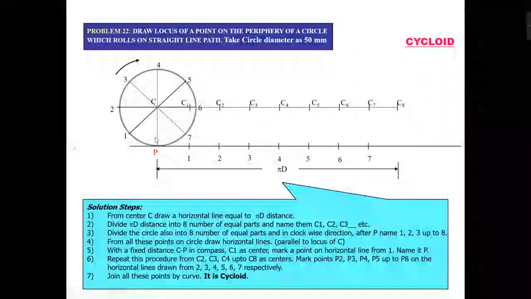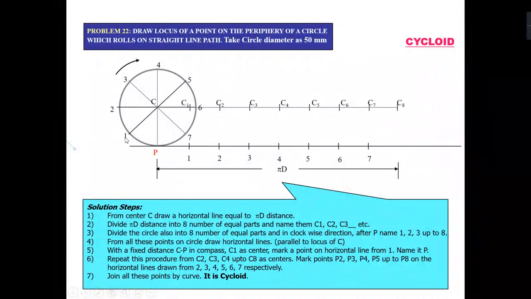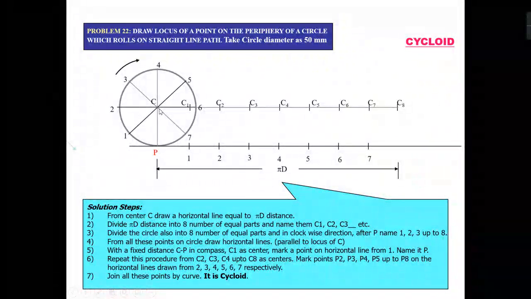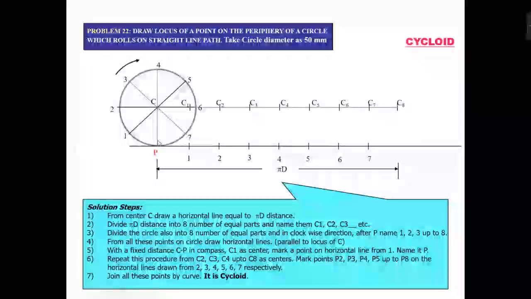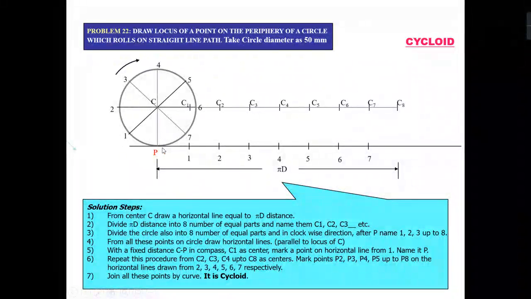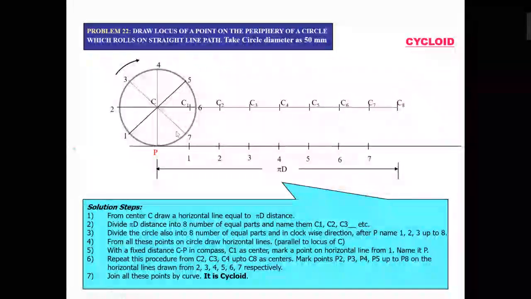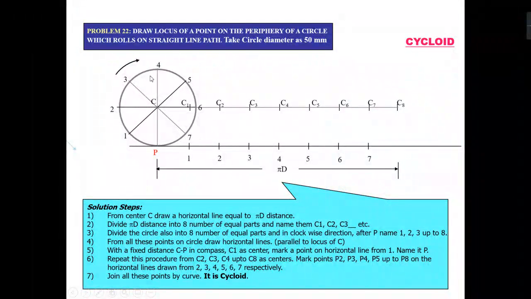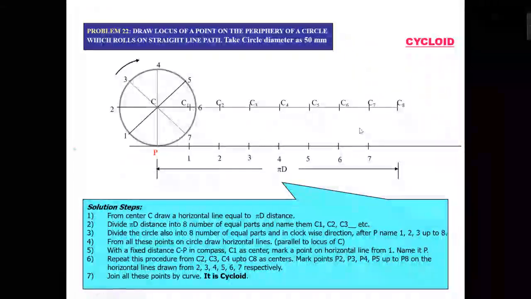Okay, so as I just told you, your point will move here, and the distance of the point P from the center is nothing but the radius r. So to trace the path of point P, I will draw horizontal lines from 1, 2, 3, 4, 5, 6, 7.